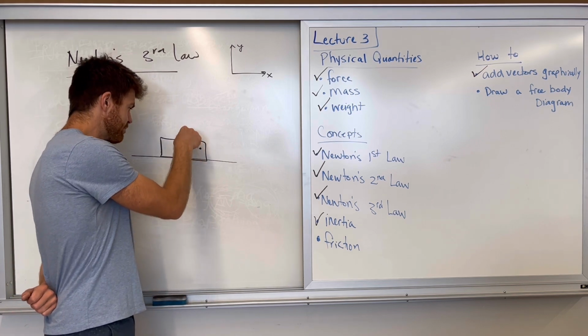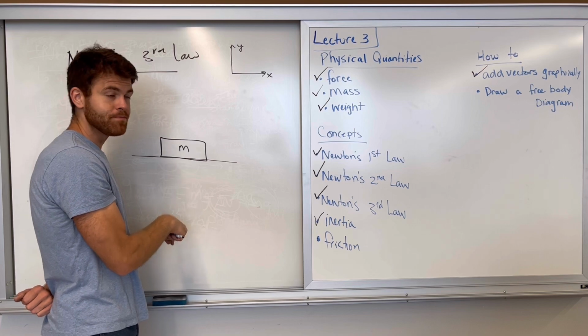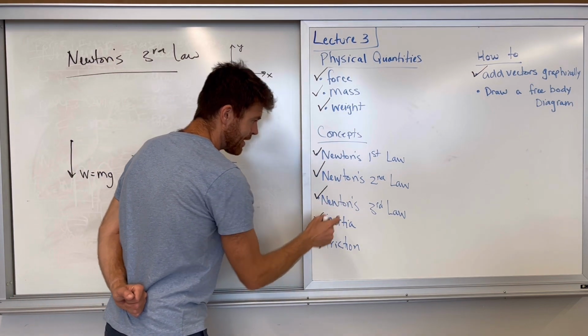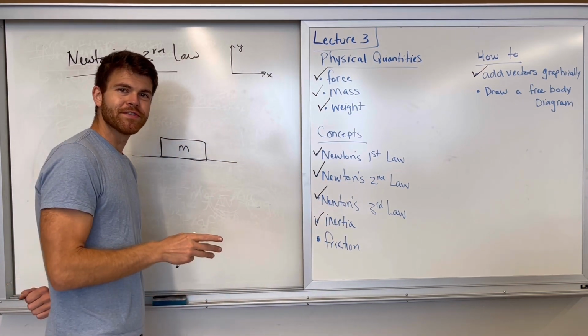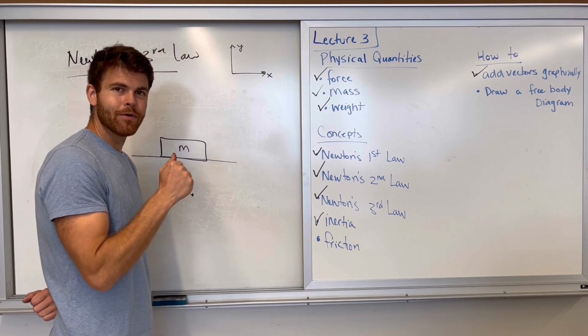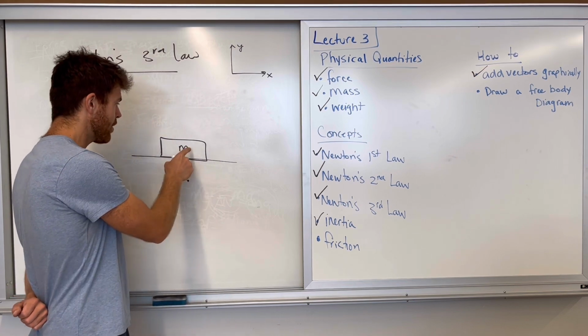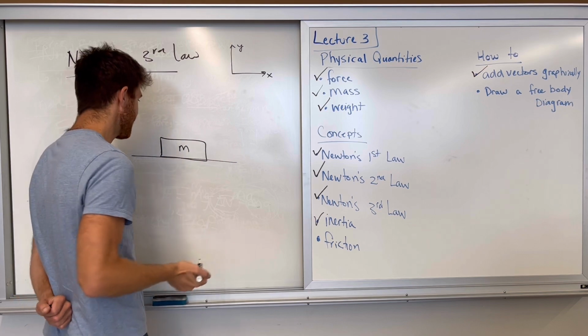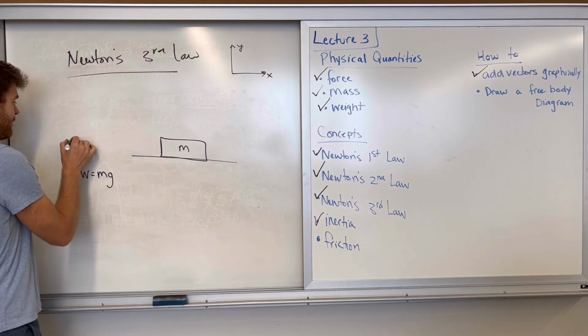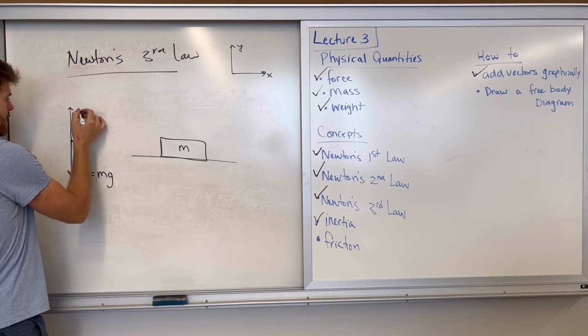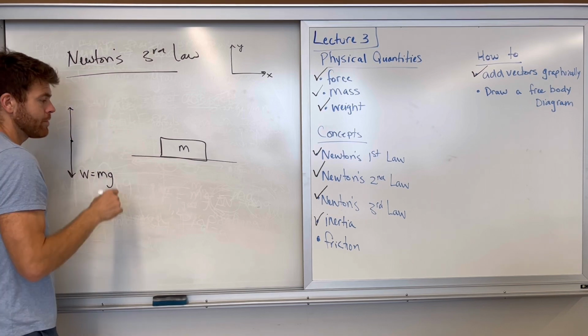And if this object is pushing on the surface it's resting on, then Newton's third law tells us that the surface exerts an equal force back on the object in the opposite direction. And so the surface exerts a force that's equal and opposite.